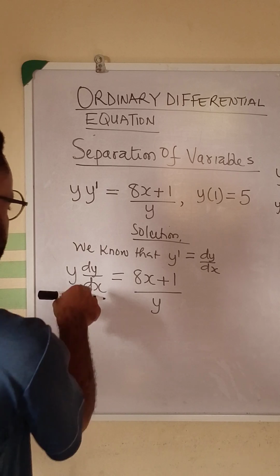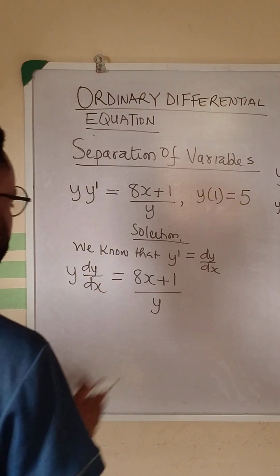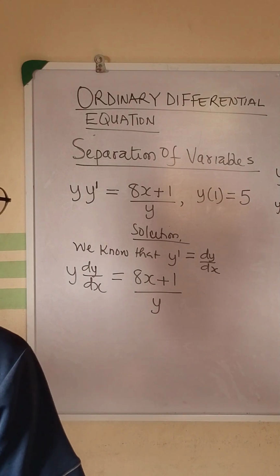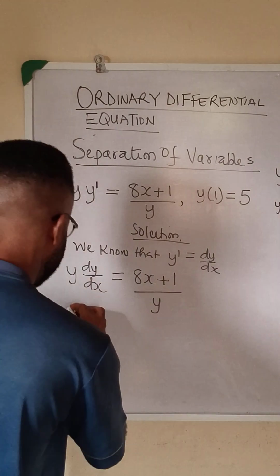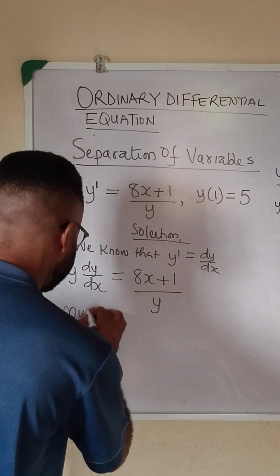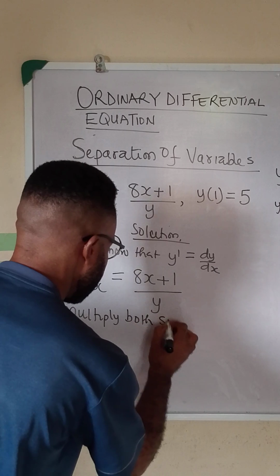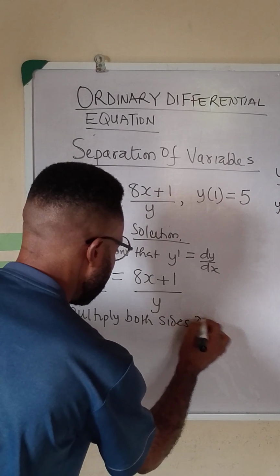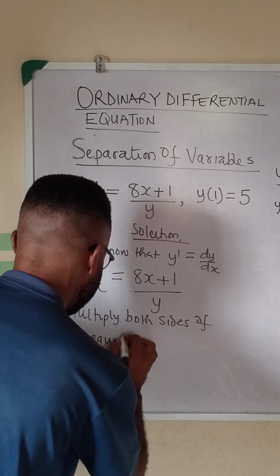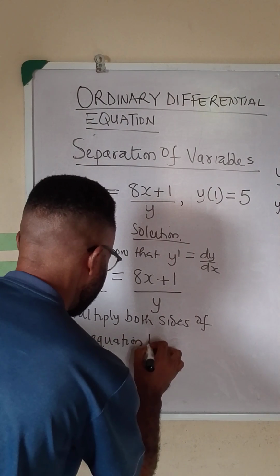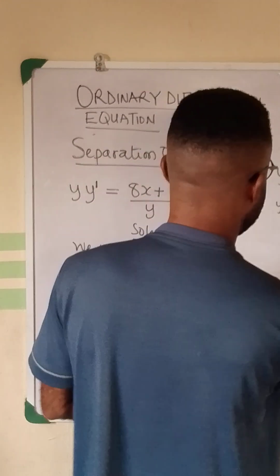So first, let's move dx to where we have 8x + 1. In order to achieve that, we can say multiply both sides of the equation by dx.